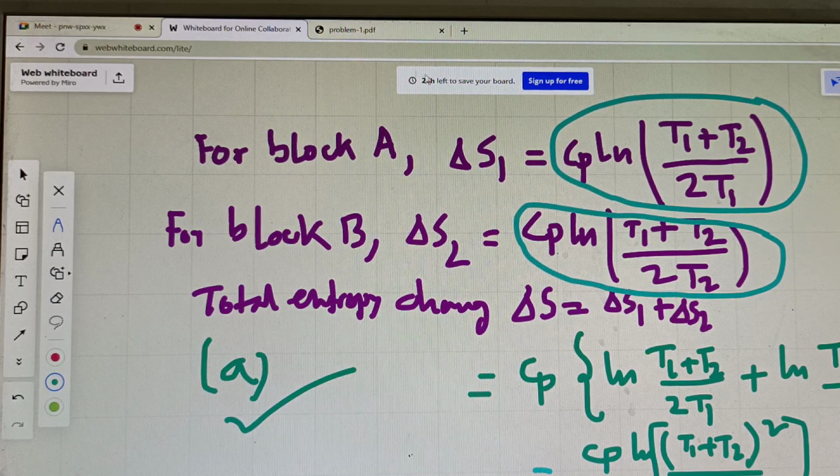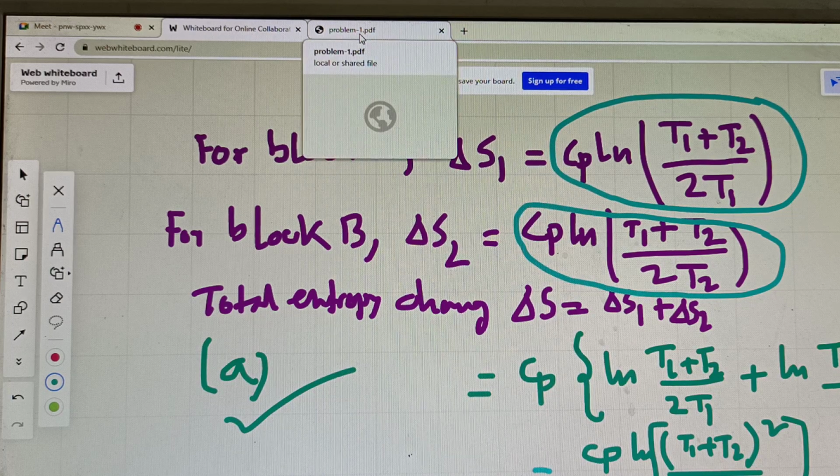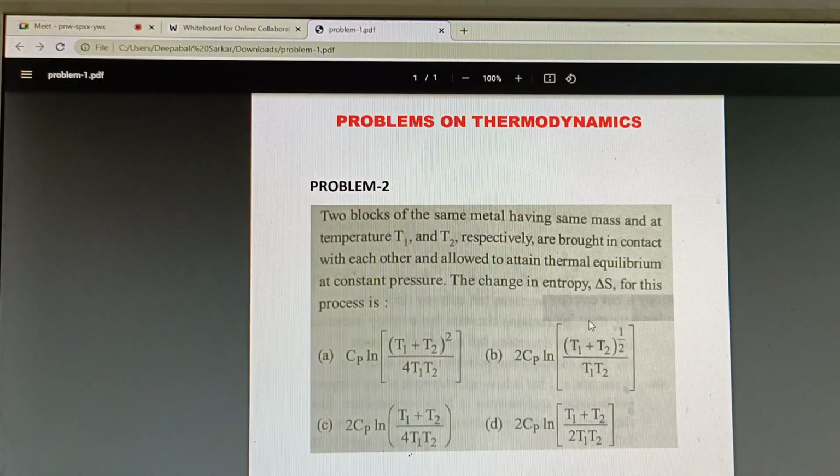Again I revise the problem. Two blocks of the same metal having the same mass and at temperatures T1 and T2 respectively are brought in contact with each other and allowed to attain thermal equilibrium at constant pressure.